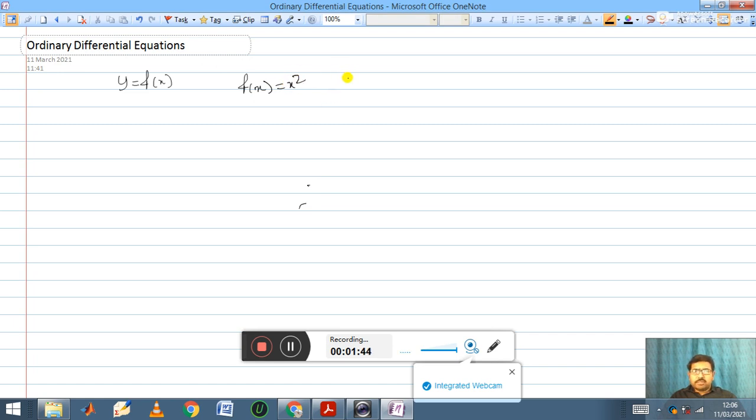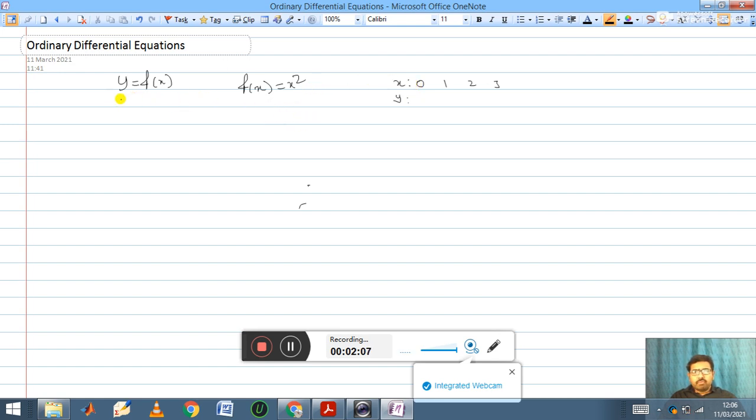It means that when you give some x values, let us consider x values 0, 1, 2, 3, we need to find the corresponding y values. Our function is x square. When x equals 0, what is y?